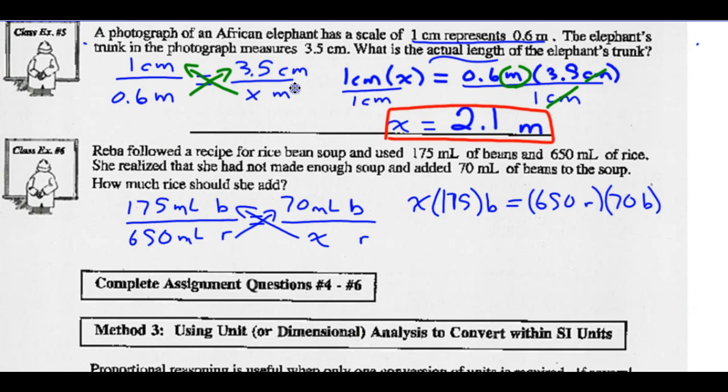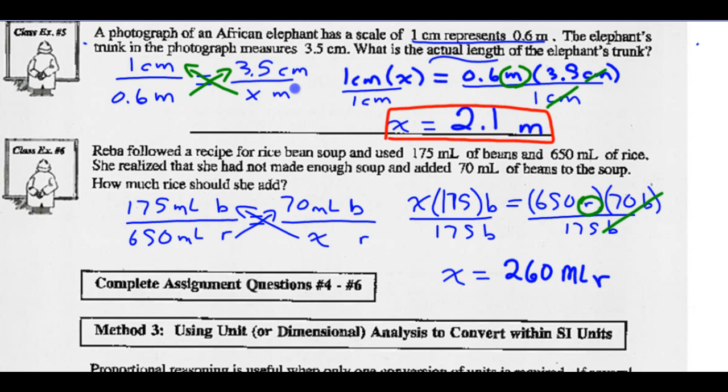So if I want to solve for x, I'm going to divide both sides by 175 milliliters of beans. And we find out that x should equal, well, the beans are going to cancel out. So how many milliliters of rice do we need to add? We got to figure that out. 650 times 70 divided by 175. So 260 milliliters of rice.